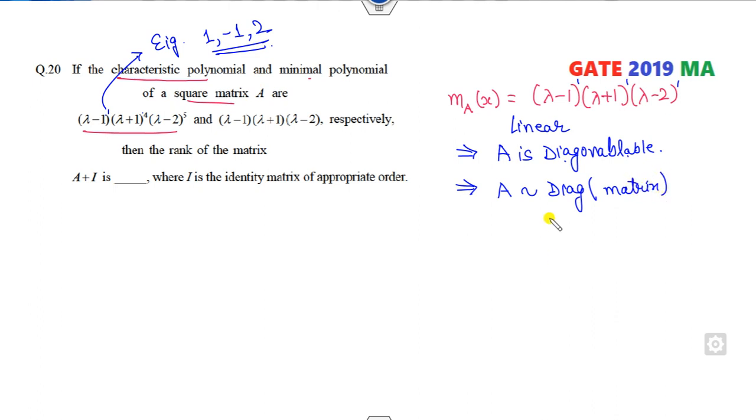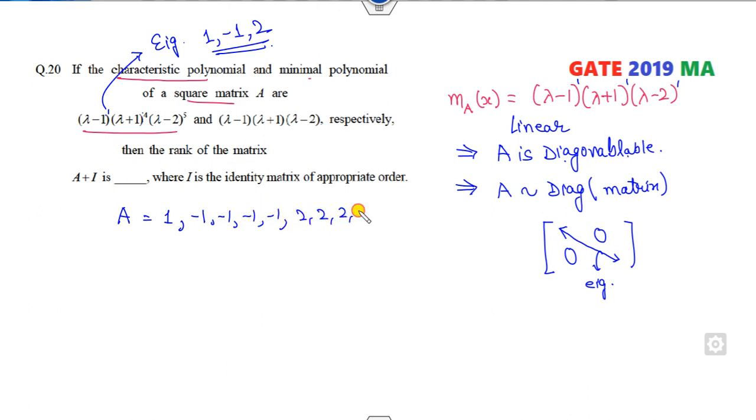So what is the diagonal matrix? It only consists of diagonal entries which are the eigenvalues. So what are the eigenvalues of A? 1 is occurring 1 time, minus 1 occurring 4 times, 2 occurring 5 times.